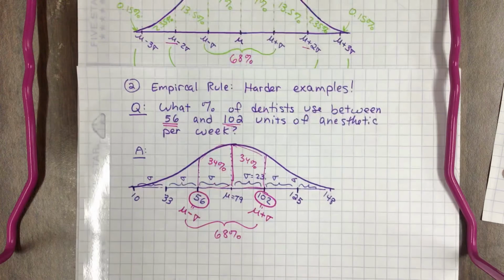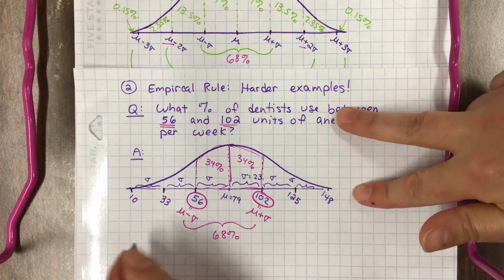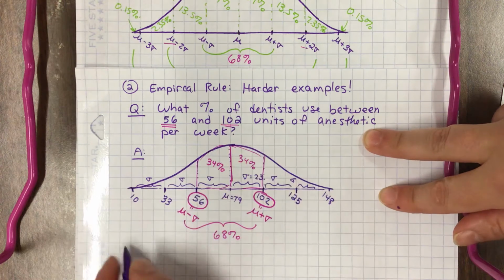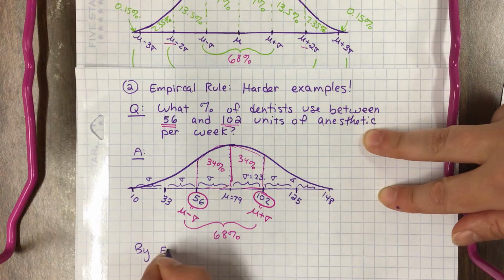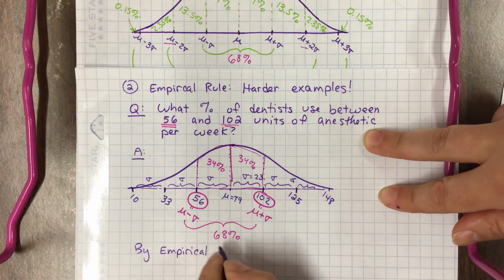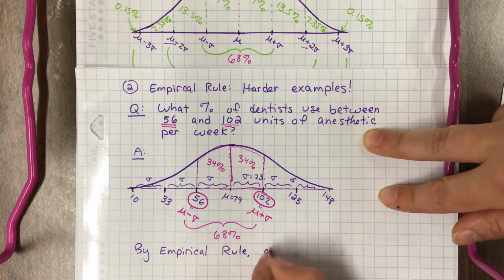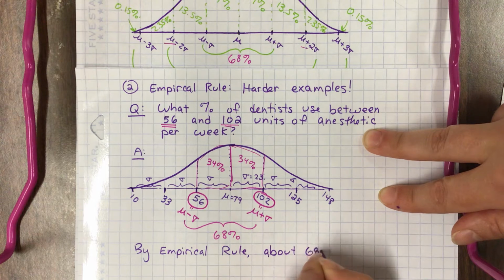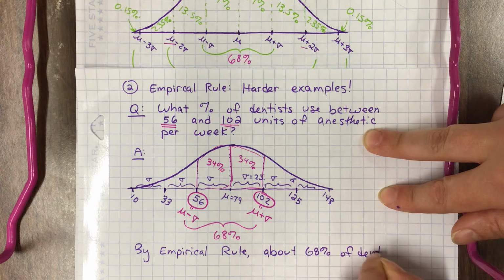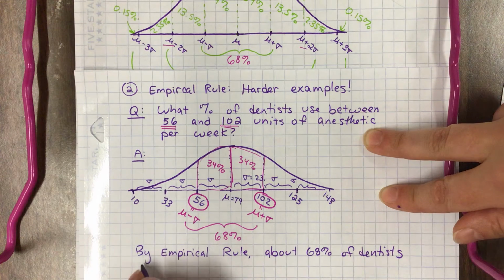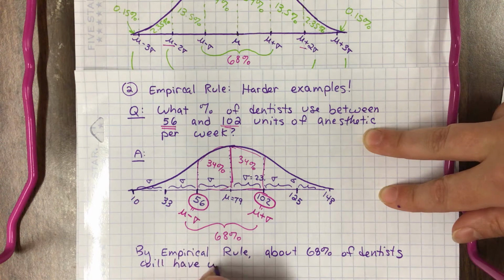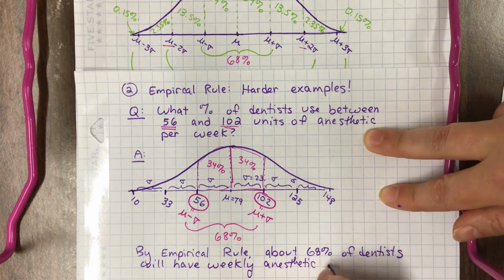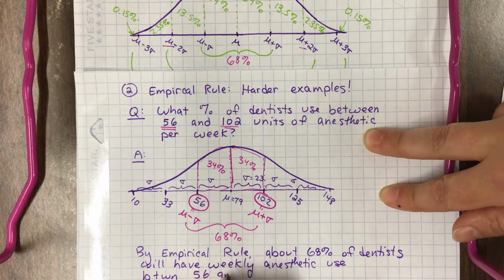So that's my answer. So I'm going to buy this picture by the empirical rule. About 68% of dentists will have, I'm going to say, weekly anesthetic use between 56 and 102 units.